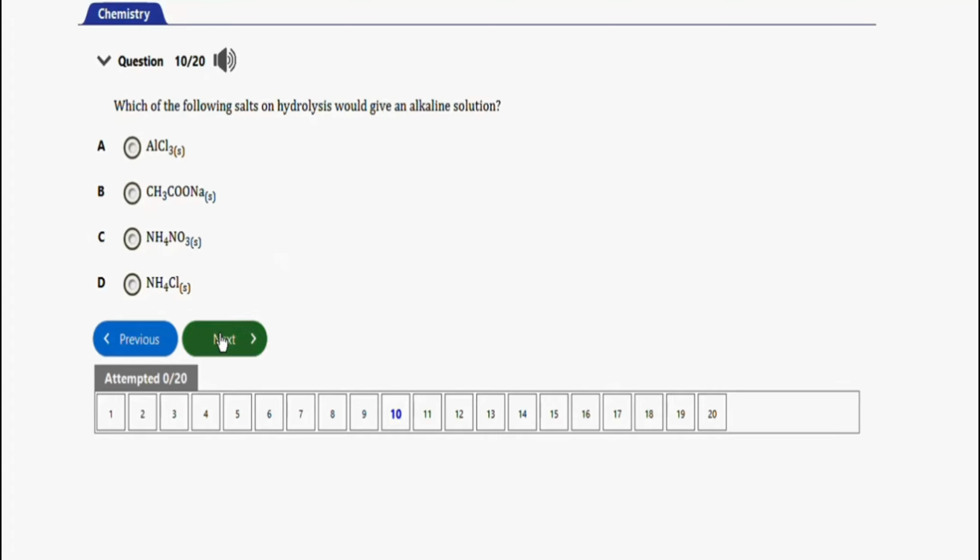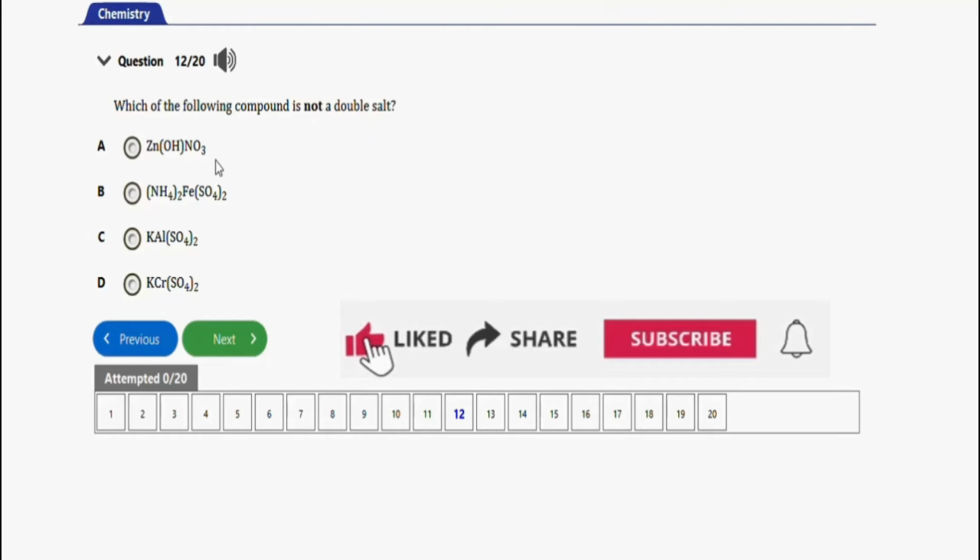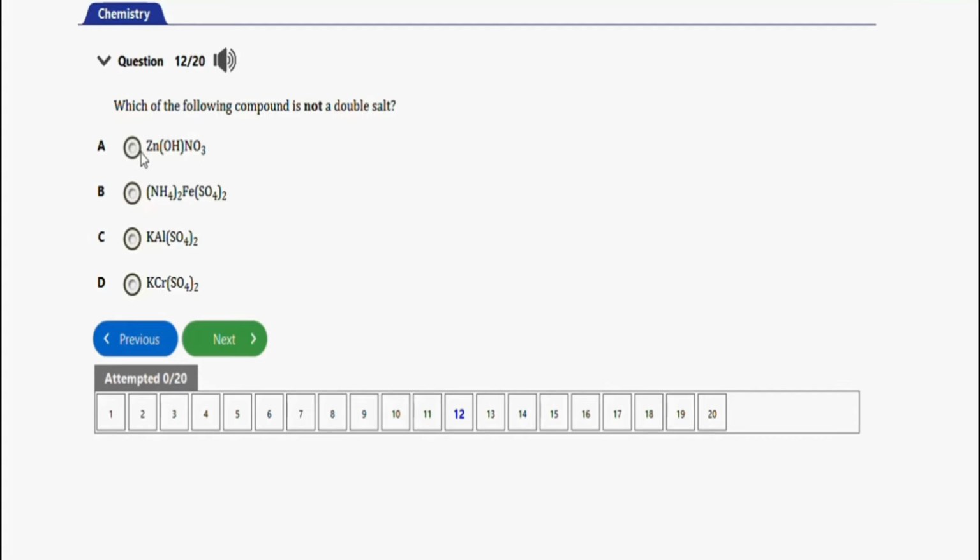Next question. Which of the following compounds is not a double salt? The one that has OH, or hydroxide, will be the answer. So it's option A, zinc hydroxide nitrate, which is a basic salt. So it's not a double salt, it's a basic salt. The next question.